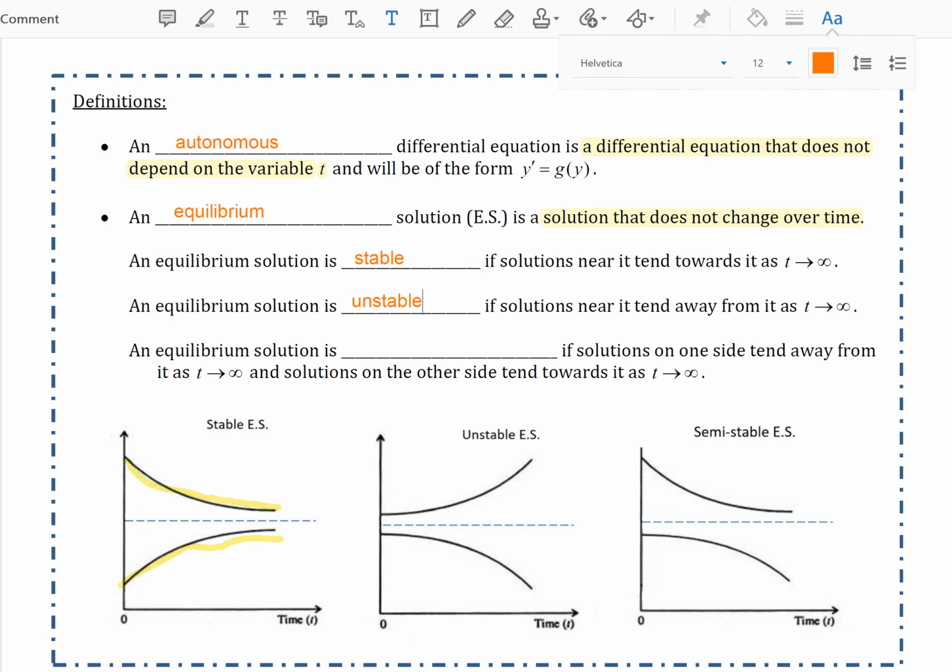An unstable equilibrium solution is when solutions near it tend to go away from it. And this is from both sides. The one I have not previously mentioned is sometimes referred to as a semi-stable equilibrium solution. If solutions on one side tend to come towards it, and on the other side they tend to go away from it as t goes to infinity. So technically there are 3 different types of stability we talk about.